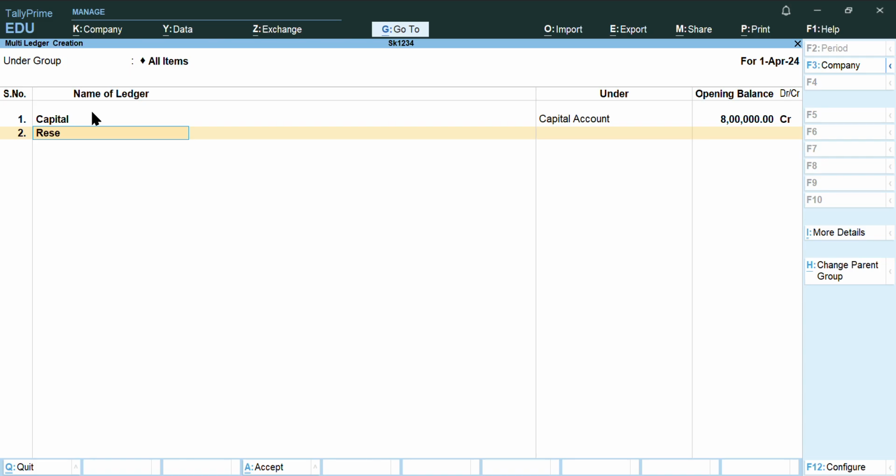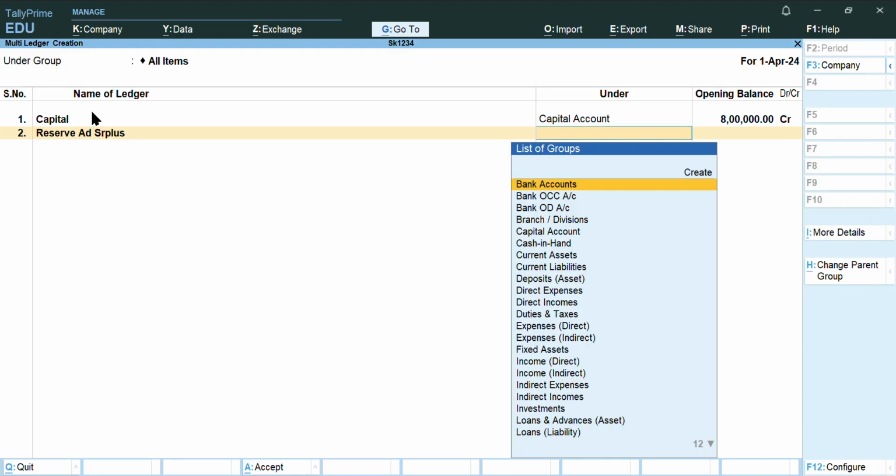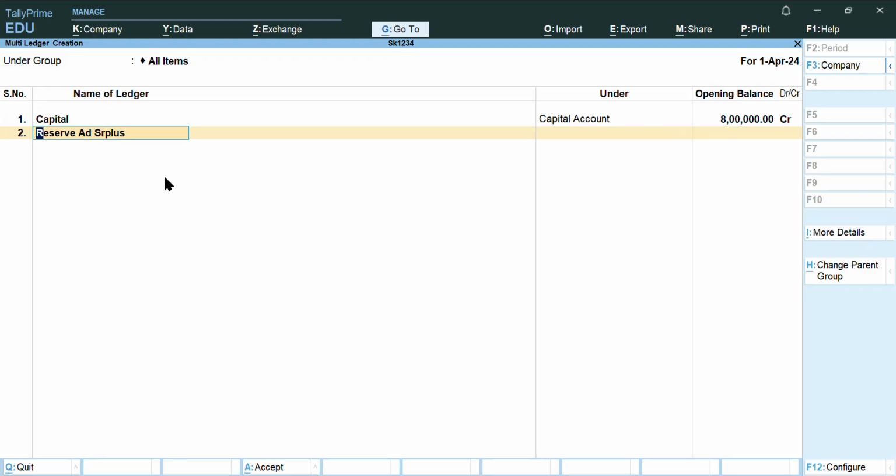You have reserve and surplus, and the category of the reserves and surplus is going to be, now herein there is some issue with the keys, so I need to be very careful while writing the amounts.